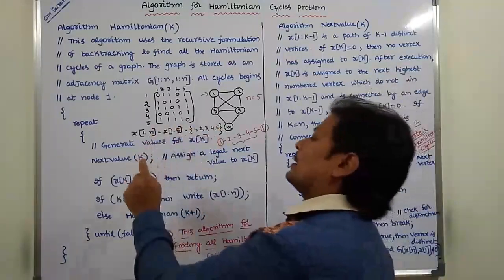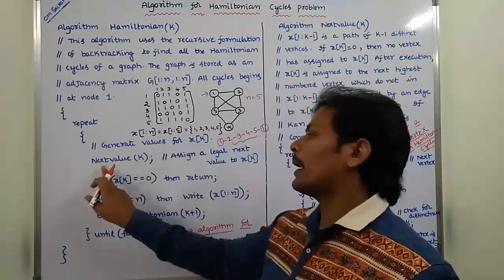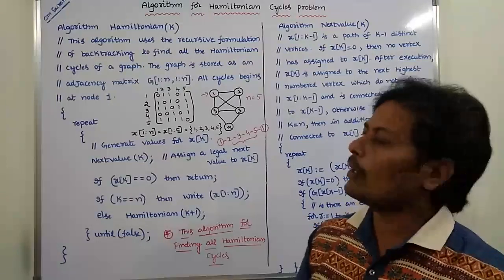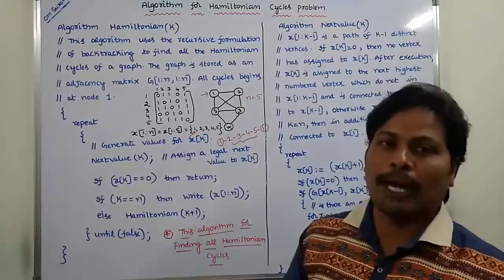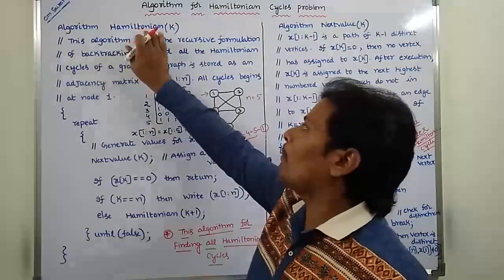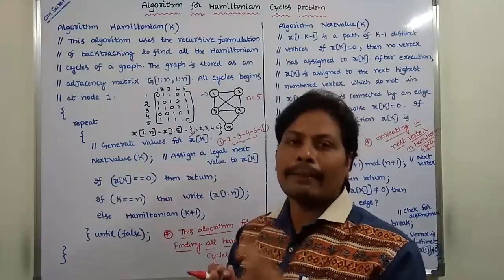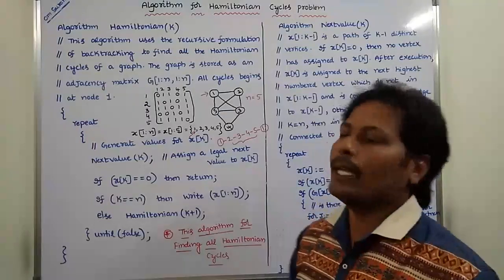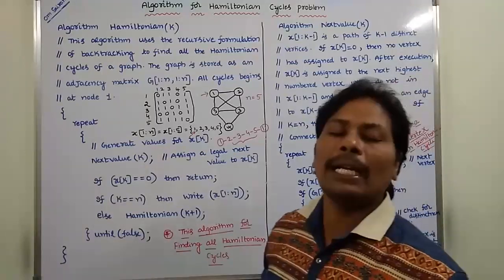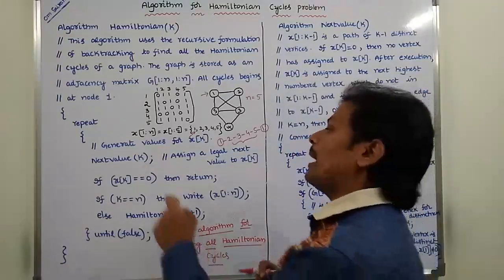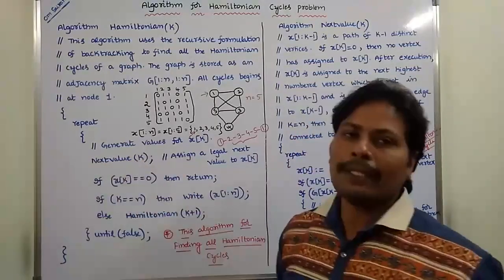Those vertices are generated by using the function called next value of k. Initially we start with vertex 1, so the algorithm Hamiltonian of k points to the first vertex in the given graph. After that, what is the next vertex in the Hamiltonian cycle? That can be calculated by using the function next value of k.